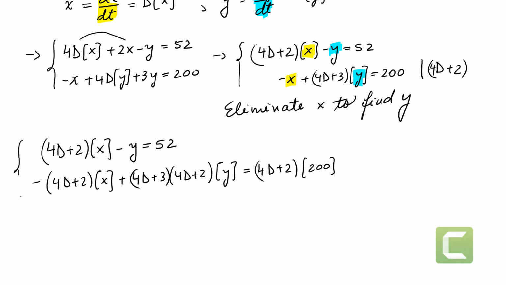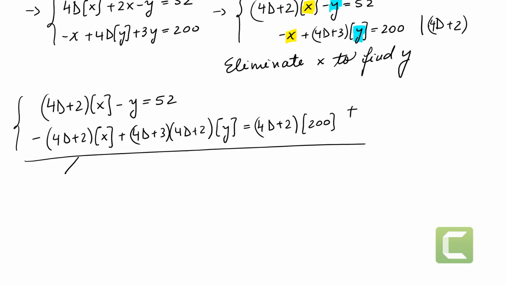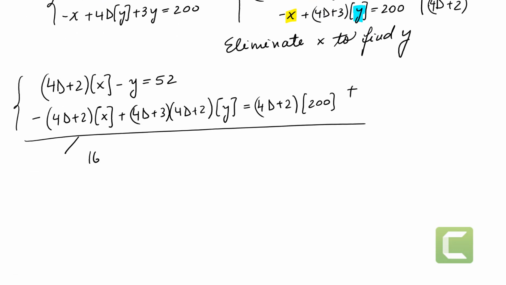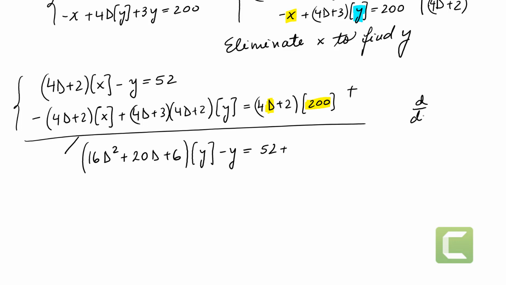And now we can add the terms. So the ones in x are gone, and now the y's, it's (16D squared plus 20D plus 6) applied to y minus y equals 52 plus, now D applied to 200 is basically the derivative of 200 with respect to t, which is 0, and then we got 2 times 200, which is 400.